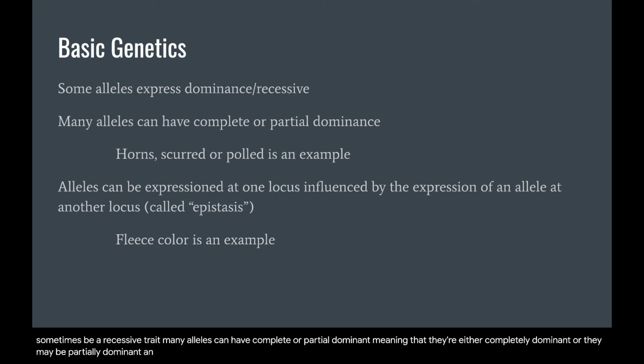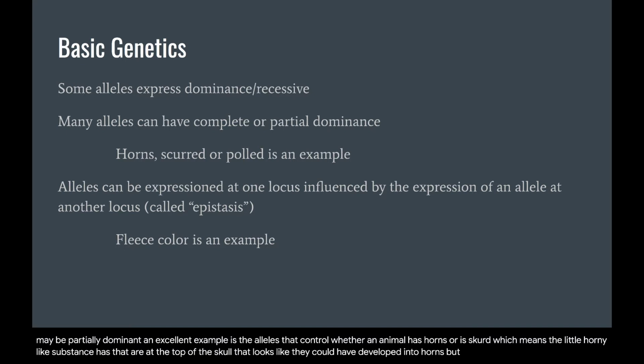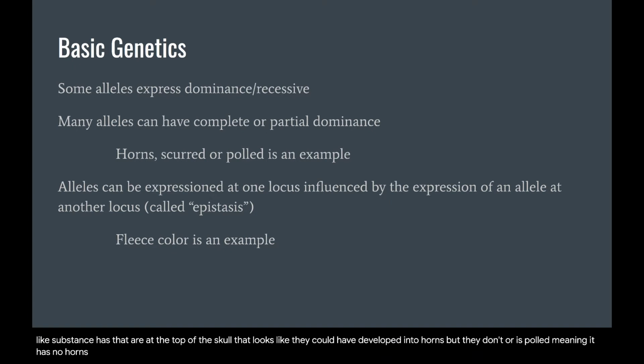An excellent example is the alleles that control whether an animal has horns or is scurred, which means the little horny-like substances at the top of the skull that look like they could have developed into horns, but they don't, or is polled, meaning it has no horns. And so that is a partial dominance, and you get all shades in between expressed in the animal.